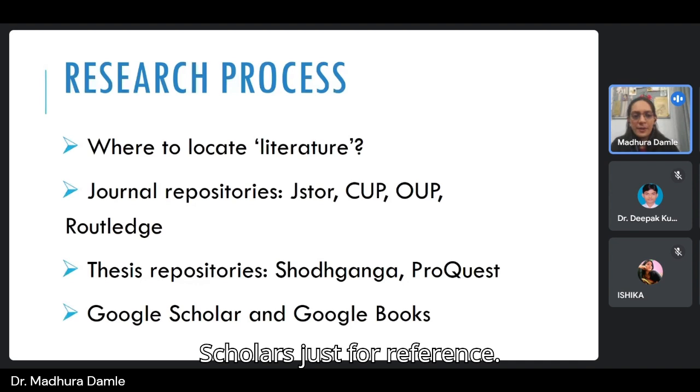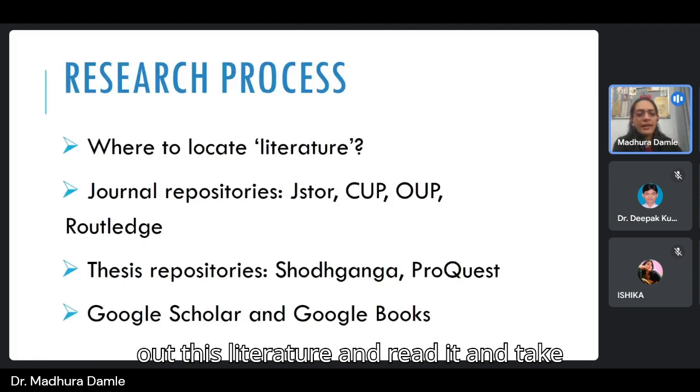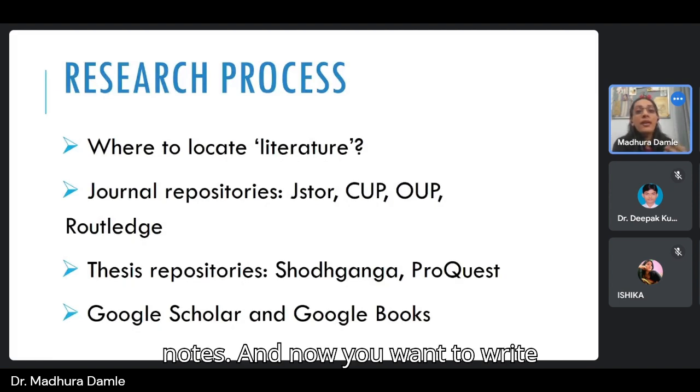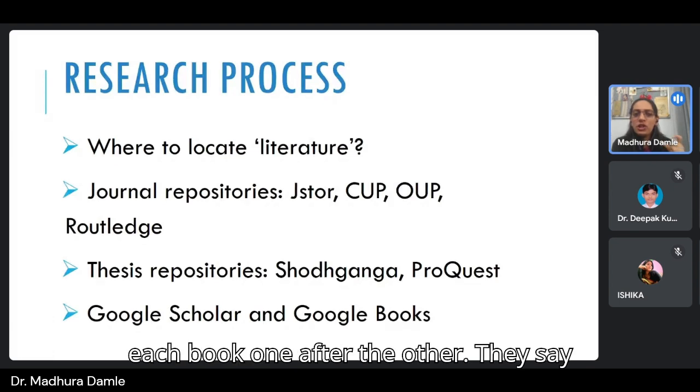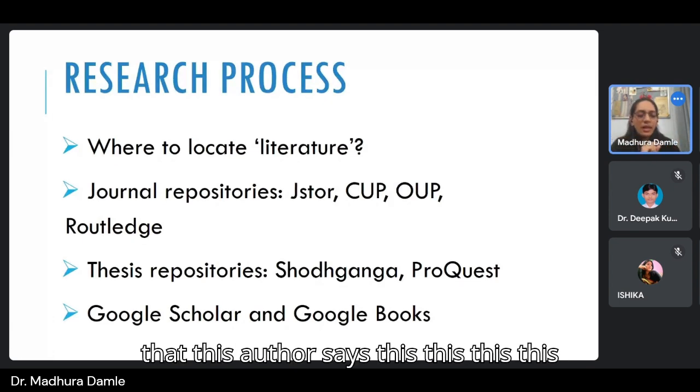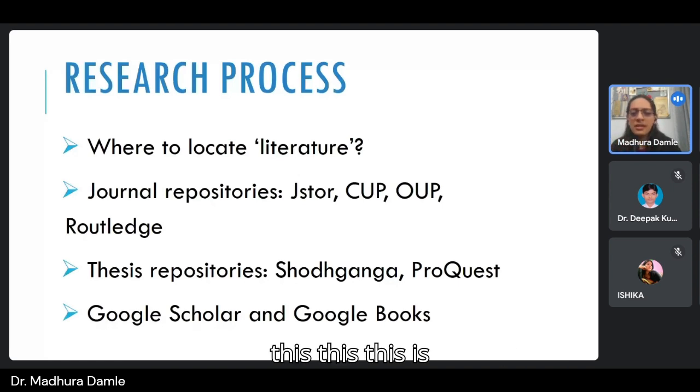Now suppose you find this literature, read it, take notes, and now you want to write a literature review. Most young researchers summarize each book one after the other. They say that this author says this. This author in this book says this.